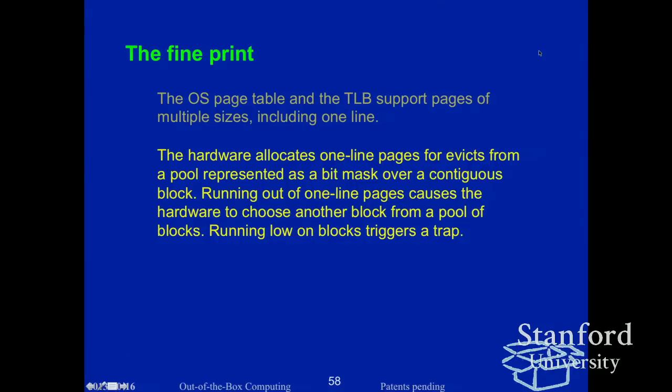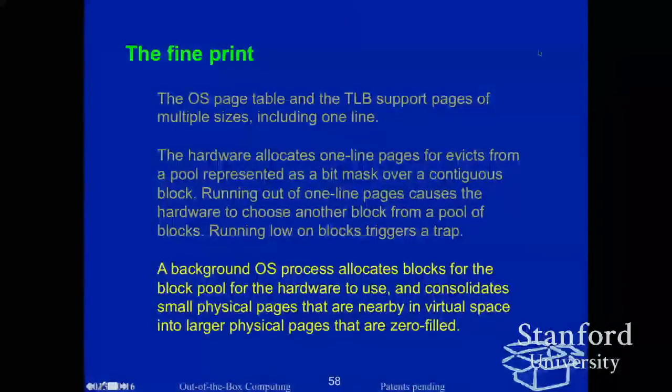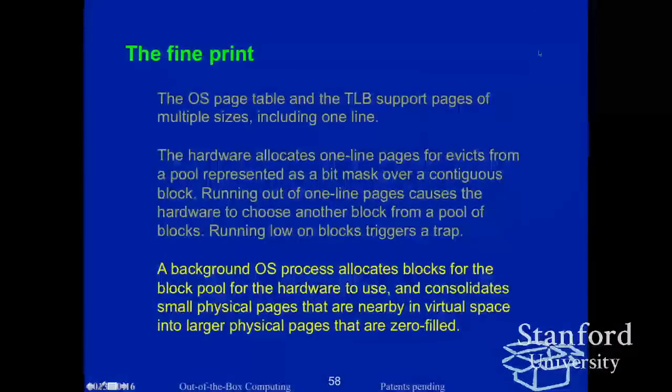If it succeeds in running out of its bitmap, then the hardware will allocate from a list of available other blocks, which has got associated bitmaps. If it runs out of blocks, it triggers a trap. However, there's a background OS process which makes sure that the hardware's list of blocks is full enough that actually running out is a rare event.